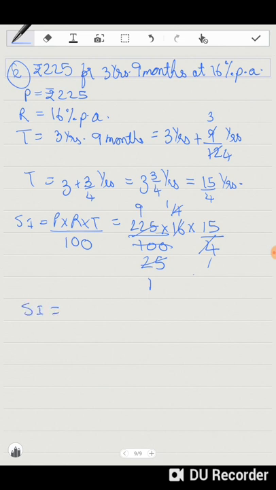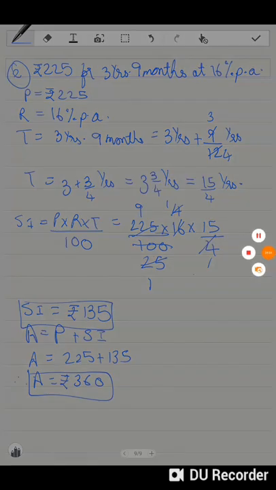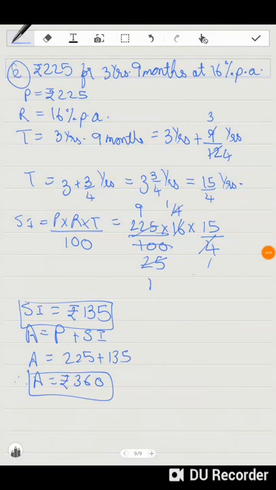Hence simple interest will be 9 into 15, that is rupees 135, and hence amount will be P plus SI, which is 225 plus 135, and therefore amount is rupees 360. Clear? So these are very basic, simple, direct sums of simple interest. In the next lecture we will be solving some more complicated questions on simple interest. So that's it for this lecture.